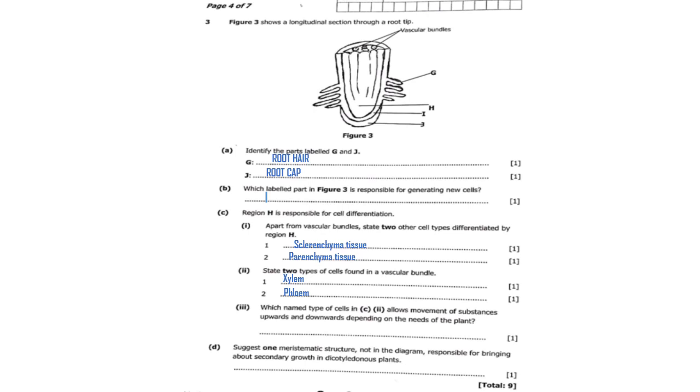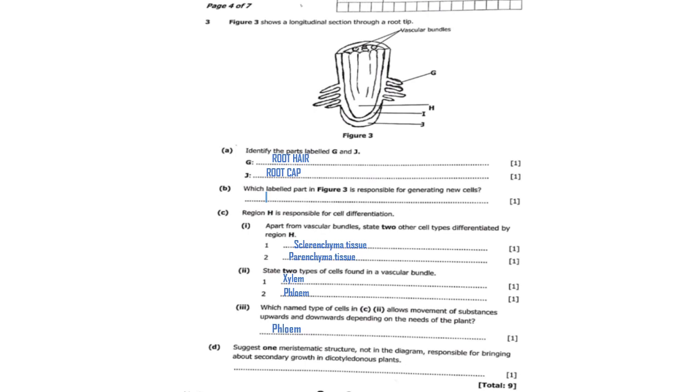So this is the phloem. The phloem can take the food either upwards or downwards, but the xylem only takes the mineral salts and water upwards. So here our answer is phloem.